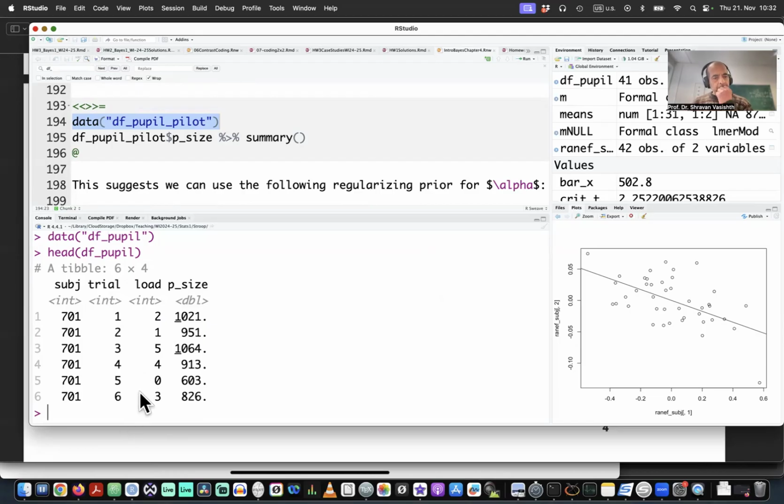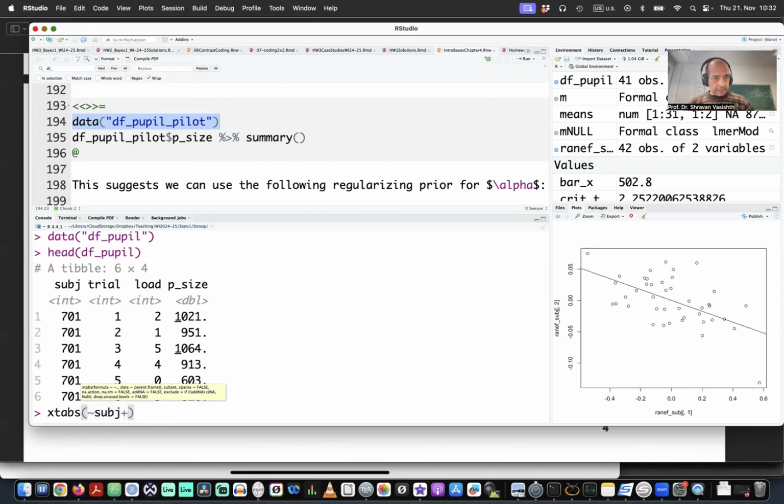All right, so what we have here is that each subject is giving me a certain amount of data for each load level, right? One question that I would have when starting the analysis in real life is whether I have exactly one data point from each subject in each load condition.